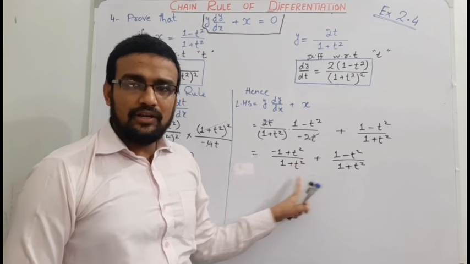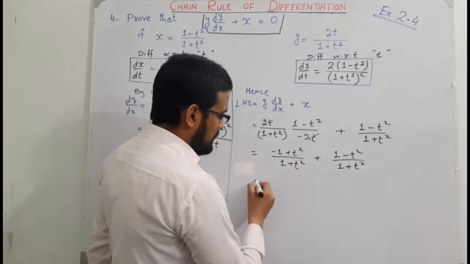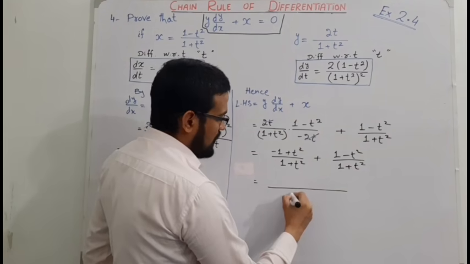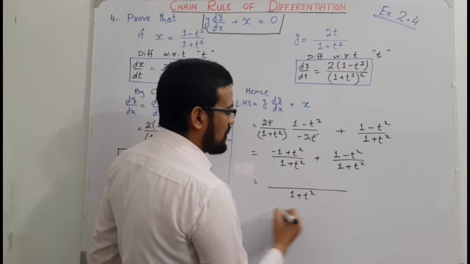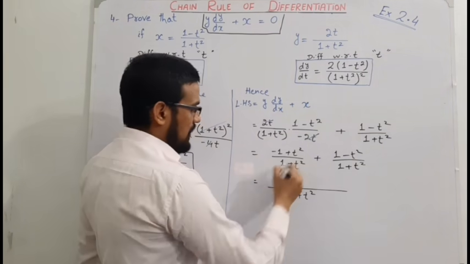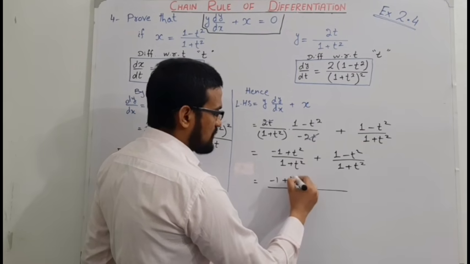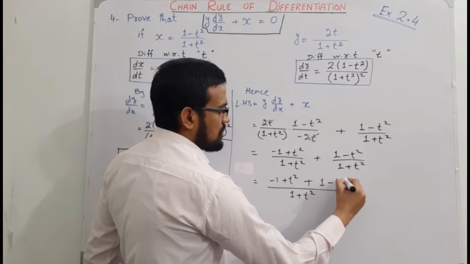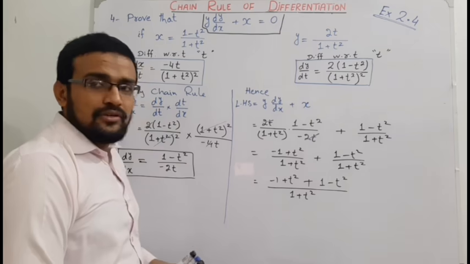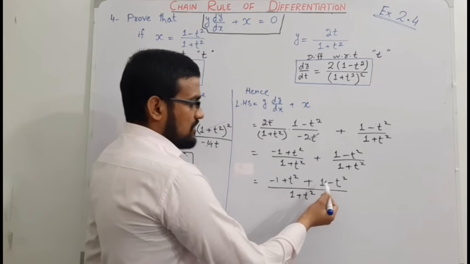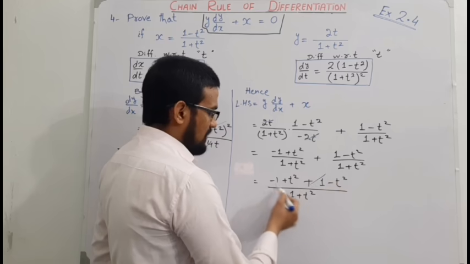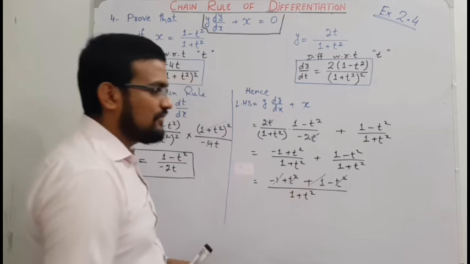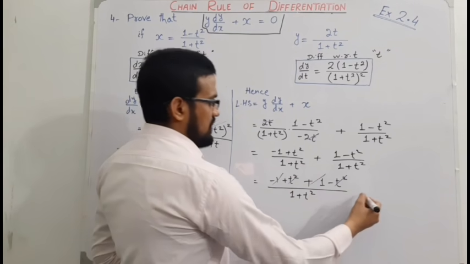Add. For addition of fractions, take the LCM, and the LCM is 1 plus t square, both are the same, then 1 plus t square is the LCM, and the numerator is minus 1 plus t square, this one, plus 1 minus t square. Here students, you can see this minus 1 plus 1 cancel with each other, and t square minus t square also cancel with each other, and then the final result is 0.